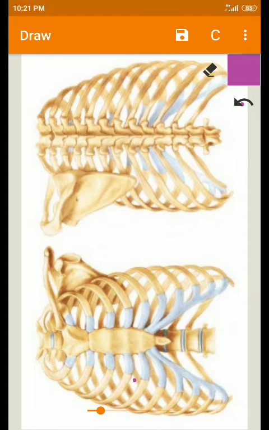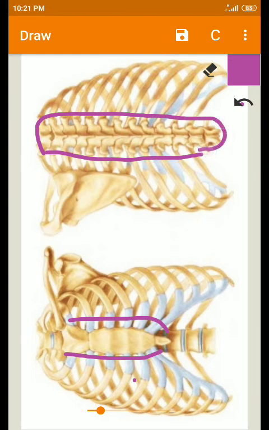Okay, now anteriorly the thoracic cage is formed by the sternum, and posteriorly by 12 thoracic vertebrae along with the intervertebral discs. On each side, 12 pairs of ribs along with its costal cartilages.